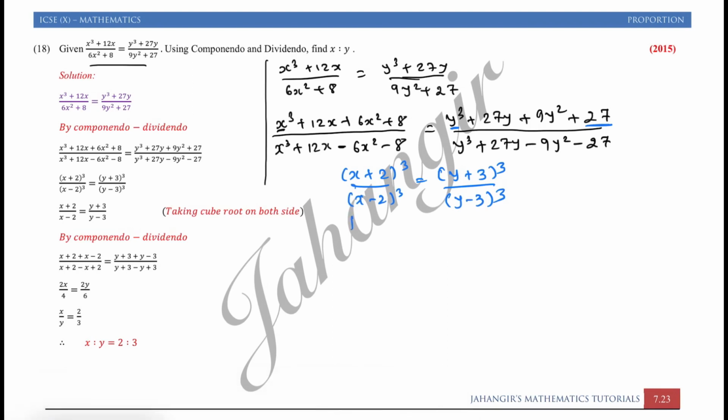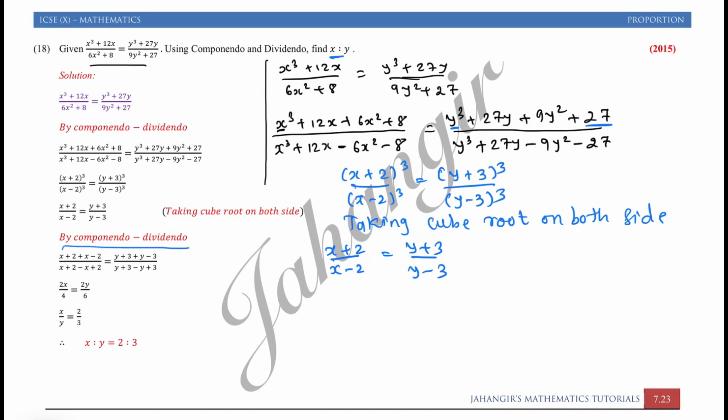Taking cube root on both sides, I can get x plus 2 upon x minus 2 is equal to y plus 3 upon y minus 3. As you know, we have same terms but opposite sign, and we want x is to y, so again we will do componendo dividendo.